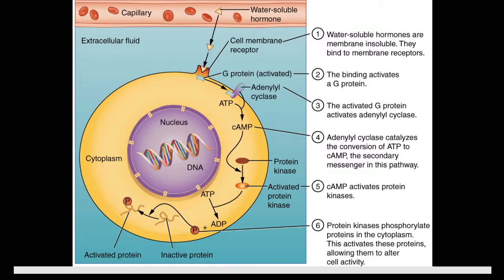This G protein receptor gets activated by the attachment of the particular hormone. Activation of G protein makes adenyl cyclase active. Attachment of the hormone to G protein makes the activation of adenyl cyclase. Why am I stressing this?